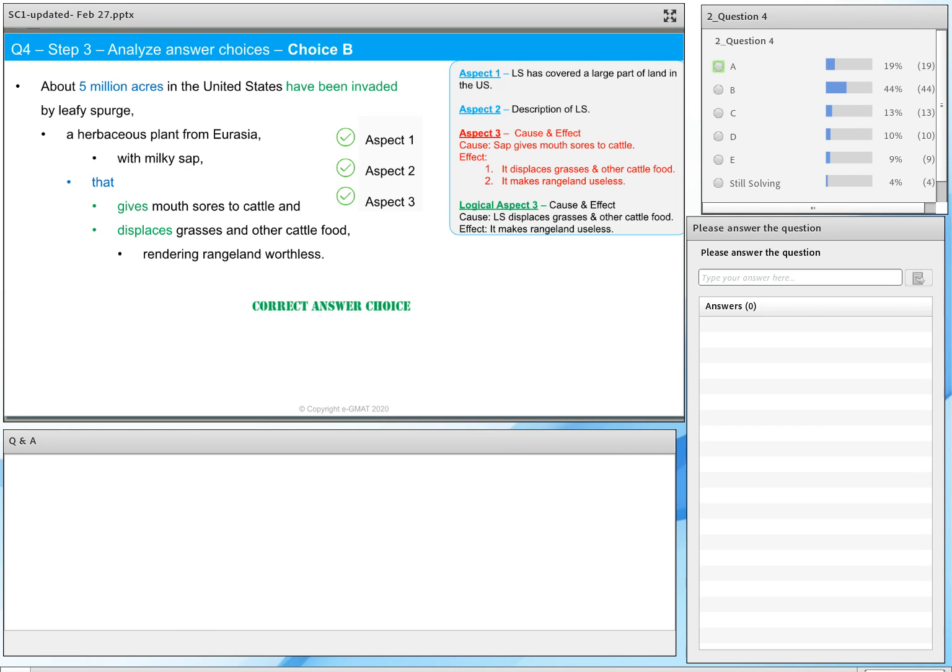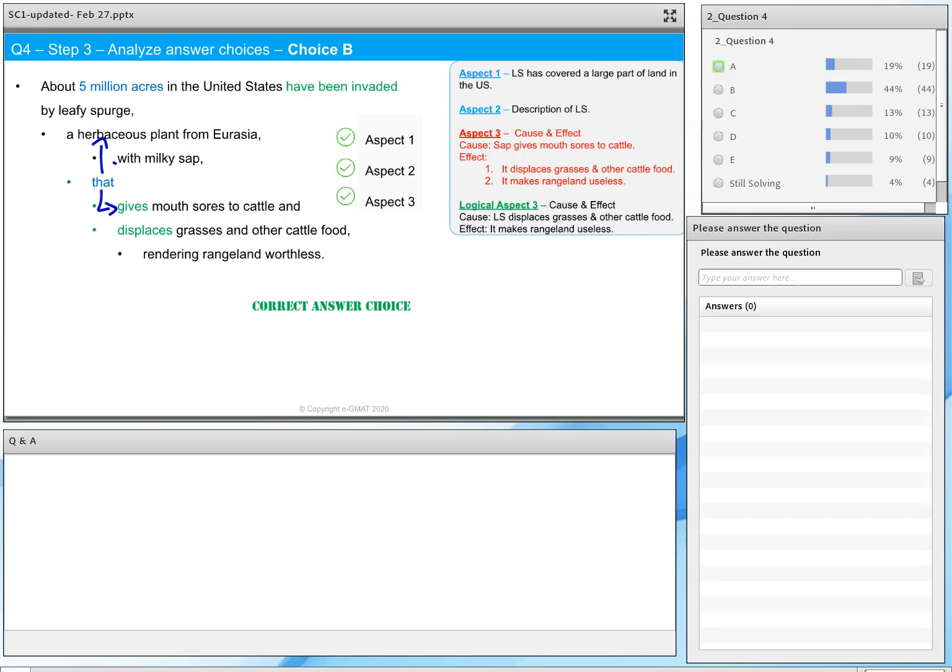And I'm guessing that most of those of you who did not choose choice B did not go with this choice because you thought that this is now talking about leafy spurge, the herbaceous plant. And this sentence is saying that leafy spurge gives mouth sores to cattle and not the milky sap, because you see this comma over here, basically with milky sap is enclosed between two commas, right?